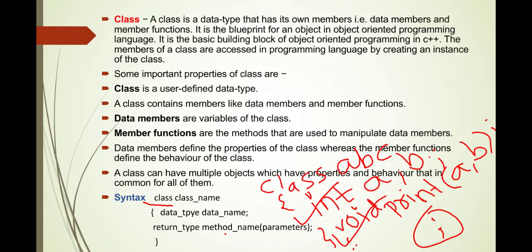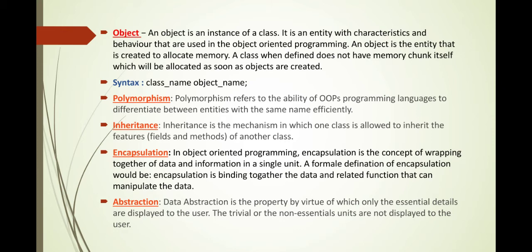Understood this? Okay, now let us see the next feature, that is the object. Now an object is an instance of a class. Instance of a class means whenever you create any class, like we created the class ABC, and you want to create an instance of that class, you have to write the name of that class first.